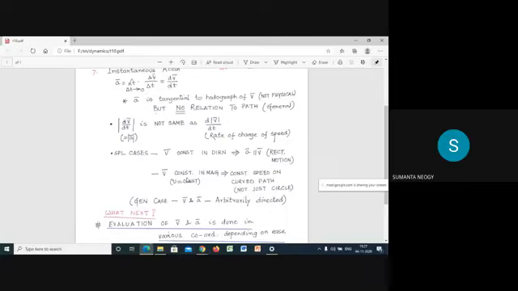This I think you have studied in your earlier classes as well. However, for the general case, acceleration and velocity are arbitrarily directed. One will not be perpendicular to the other.